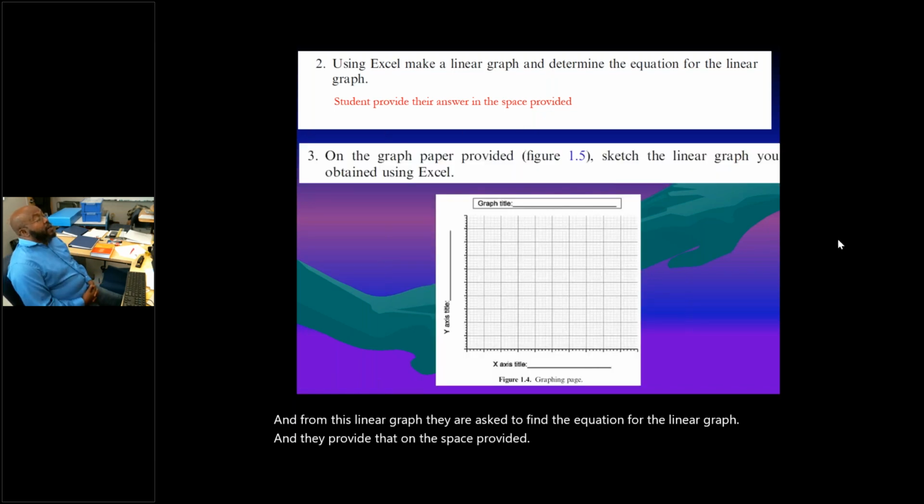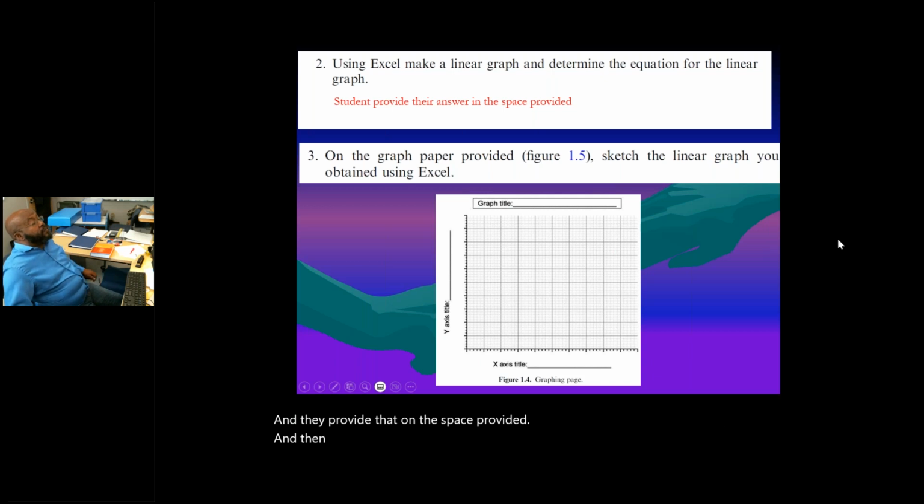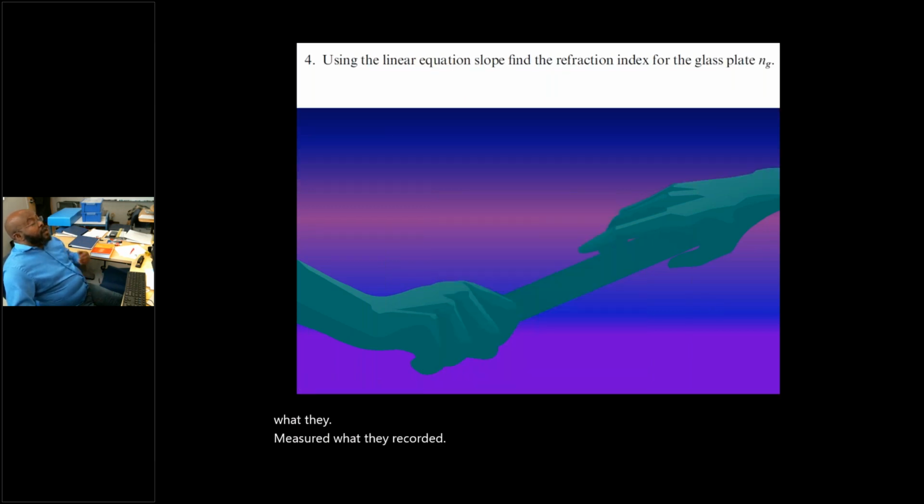And then whatever graph they see, they need to make a sketch in their lab report, which is actually the book. And it's easy to do this in the ebook version. They can use Adobe to edit and type everything they measured, what they recorded.